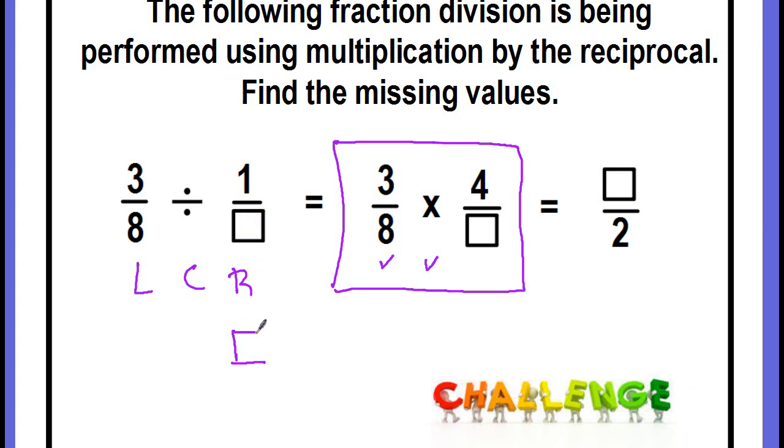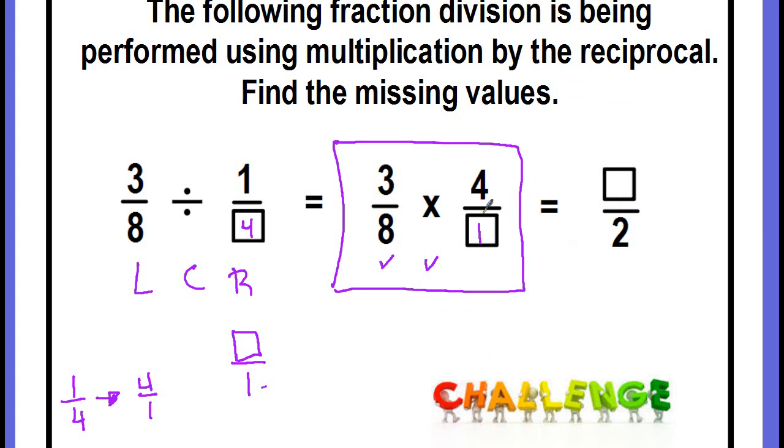If we flip it, the box goes on top and the 1 goes below it. So take a look here. Well, the box is now on the bottom. What should be in the box? The 1. And in the top we have the 4, so if the 4 is on the top, that means it was on the bottom over here, wasn't it? If it was 1/4, and then we write the reciprocal, we flip it, it becomes 4 over 1.